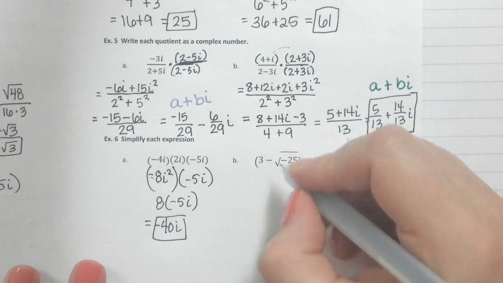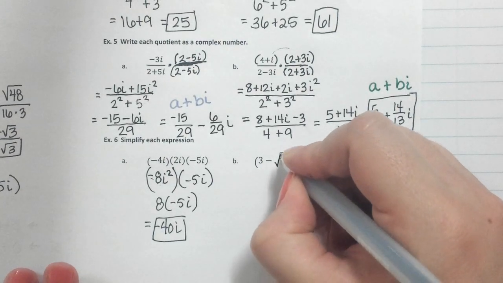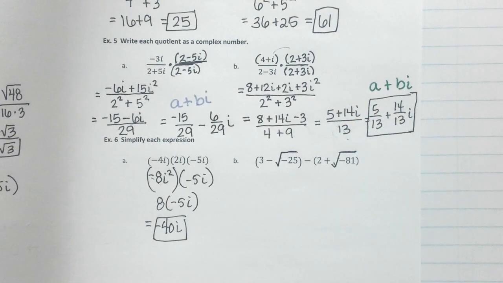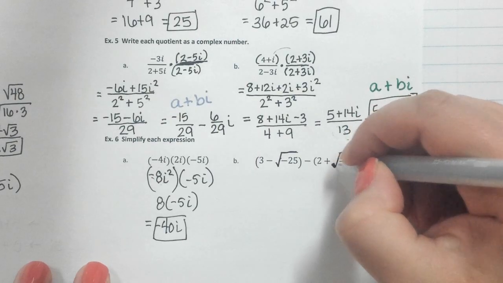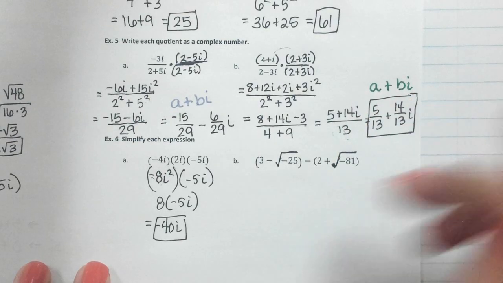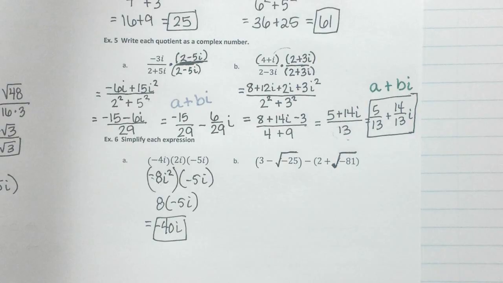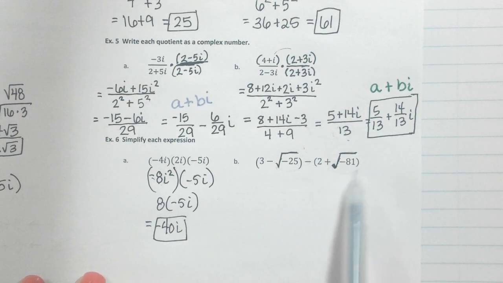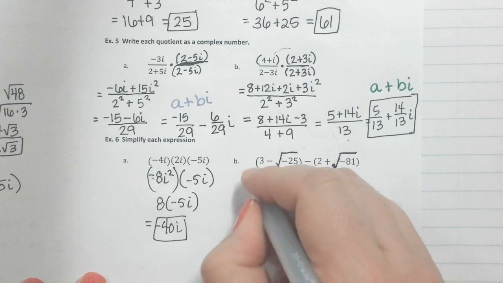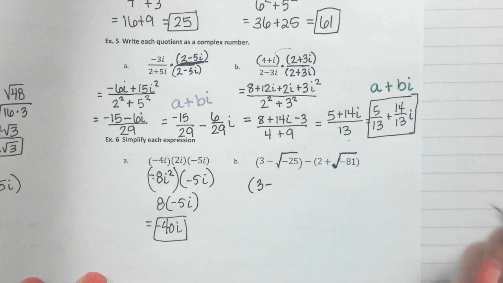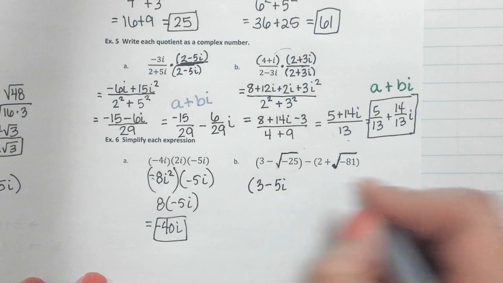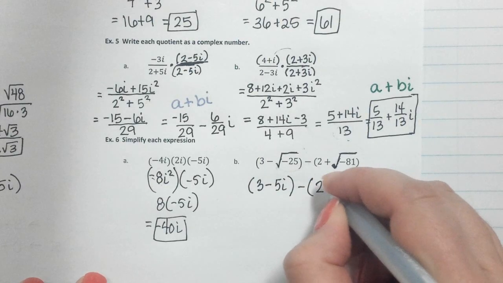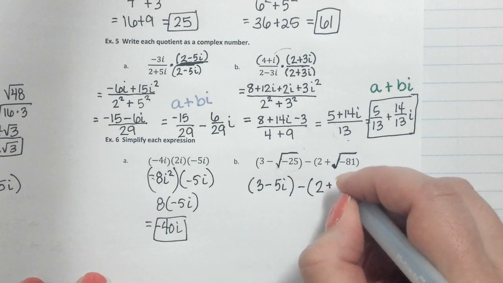Okay, and then B, the formatting is really driving me crazy. This is a square root, and this is a square root. Okay? What do you think we'd do here? Simplify first. Yeah. Write this as an imaginary number, and write this as an imaginary number. So the problem is really going to be 3 minus 5i minus 2 plus 9i.